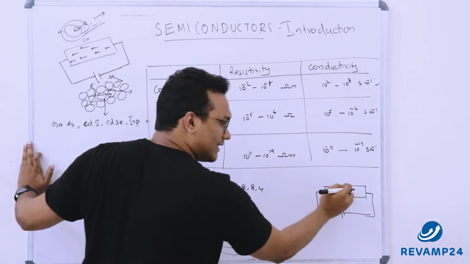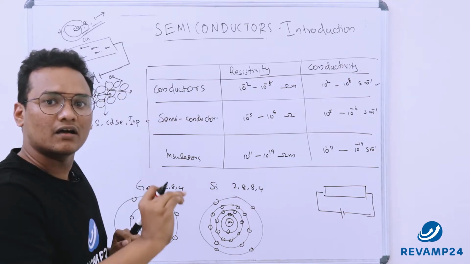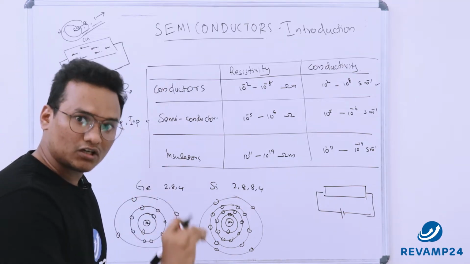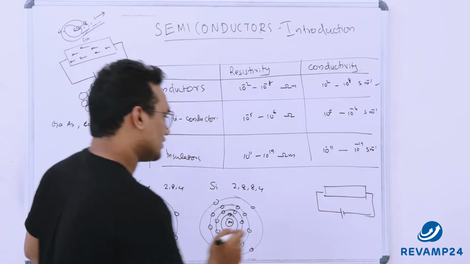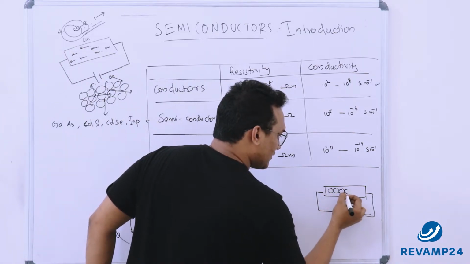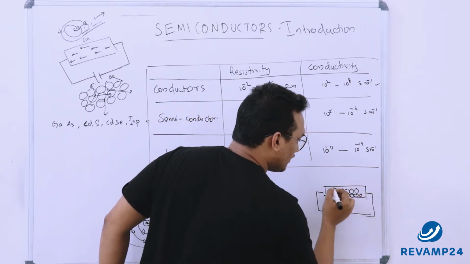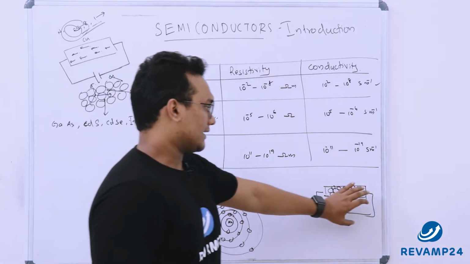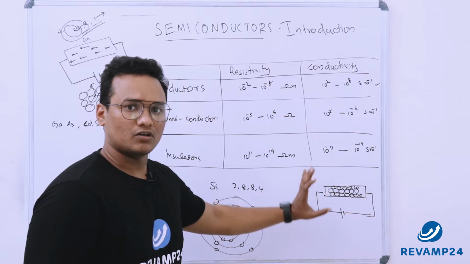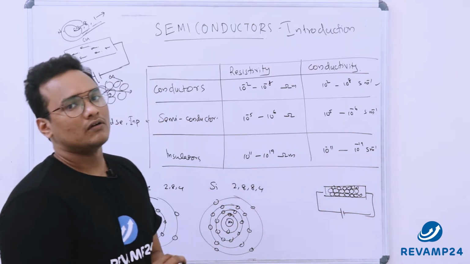In this case, there are atoms, there are electrons, but these electrons are just revolving in the orbits. Only the electrons, whenever they are free, can contribute towards conduction. So in insulators, electrons are with the atom or in the orbits. These are not free to move. That's the reason it has higher resistivity, with very few, or I can say no, free electrons.